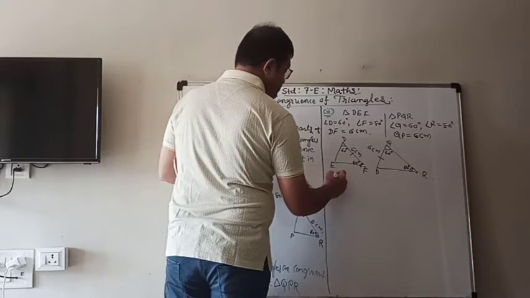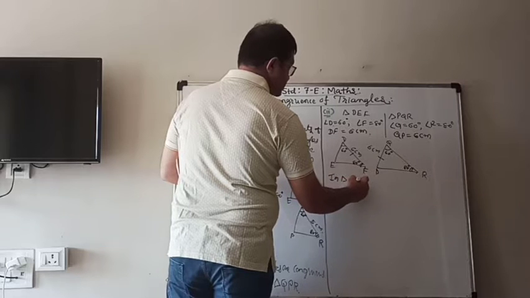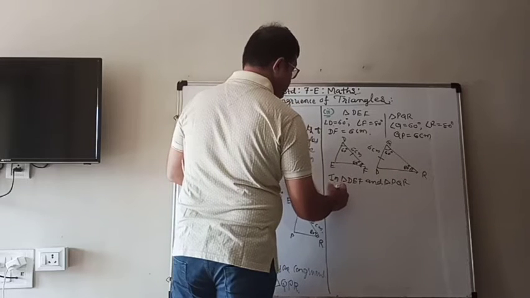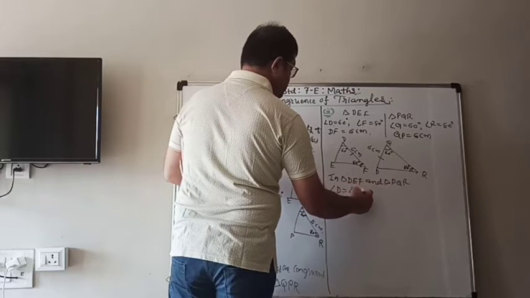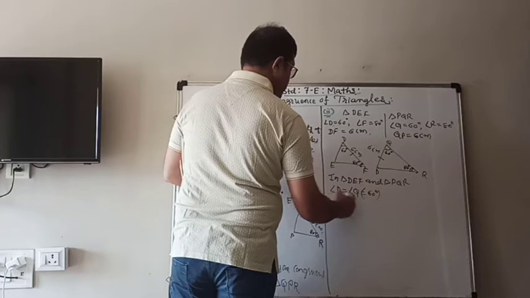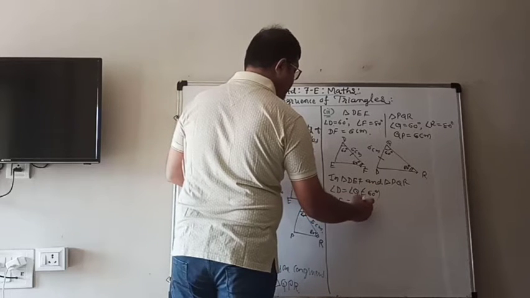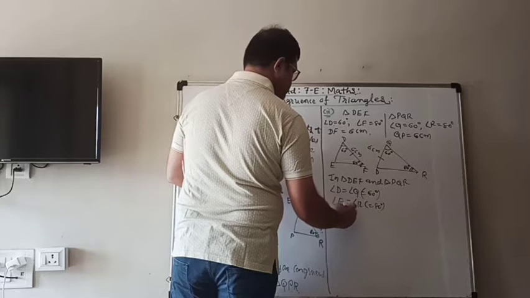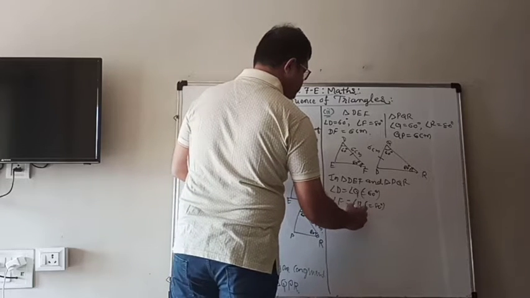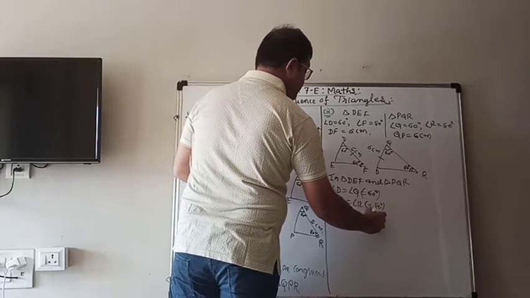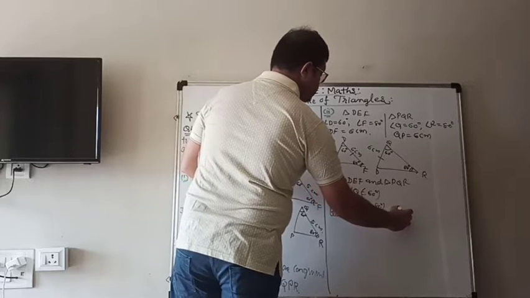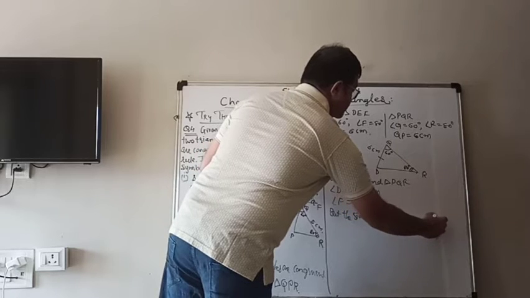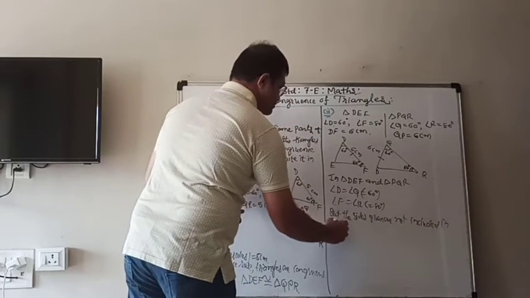But we have to write down, in triangle DEF and triangle PQR, angle D is equal to angle Q, angle F is equal to angle R. But the sides given are not included in both triangles.